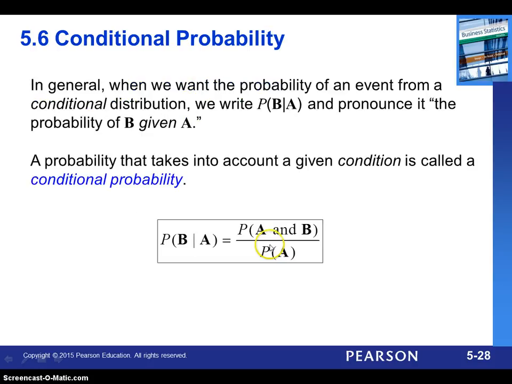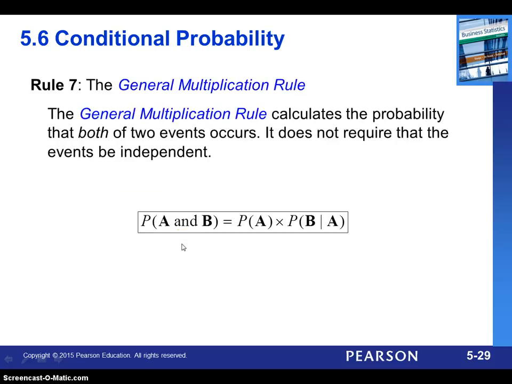If we want, we can rearrange this equation. I can multiply by the probability of A, and we get that the probability of A and B, the probability that two events occurred, is equal to the probability of A times the probability of B given A. This leads to, as we talked about rules last class, the general multiplication rule.